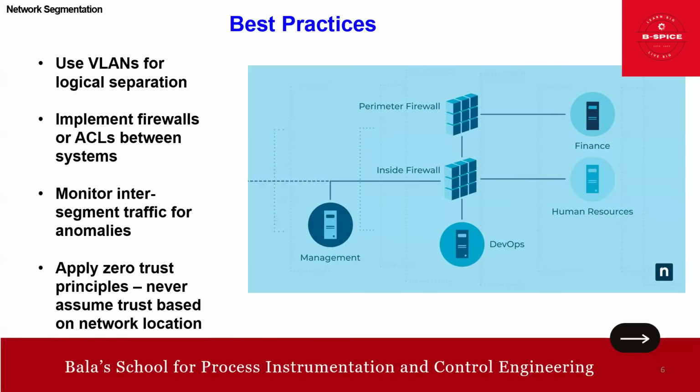It's especially relevant in environments governed by standards like PCI DSS and HIPAA, where protecting sensitive data is critical. Zero trust is based on the idea: never trust, always verify. That is the modern cybersecurity approach. These are the best practices.